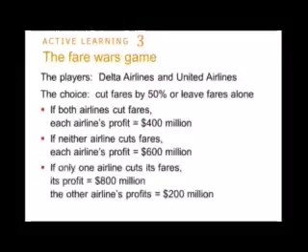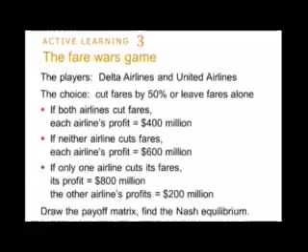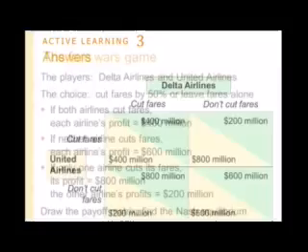But if one cuts its fares and the other doesn't, then the profit of the one that did cut its fares goes up to 800 million and the other airline's profit is 200 million. The next slide will show the answer, but I would like you to set up the payoff matrix, find out what the Nash equilibrium is, and then see if your answer matches the one in the next slide. Okay? So anyways, that's the answer.